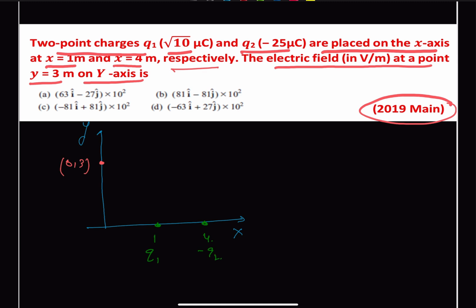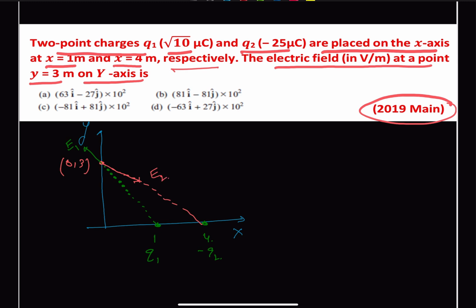So we can find out the electric field because of this q1. Let us suppose that is our E1 and its direction will be as shown. The second electric field is because of our q2, and its direction will be towards the charge, that is our E2.